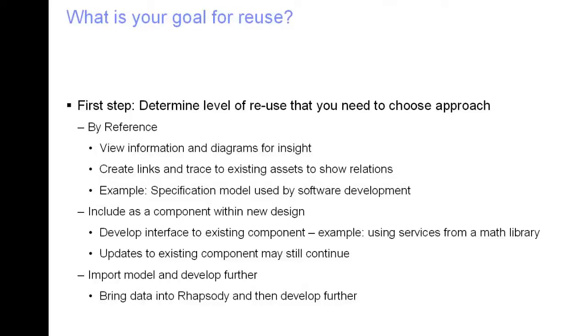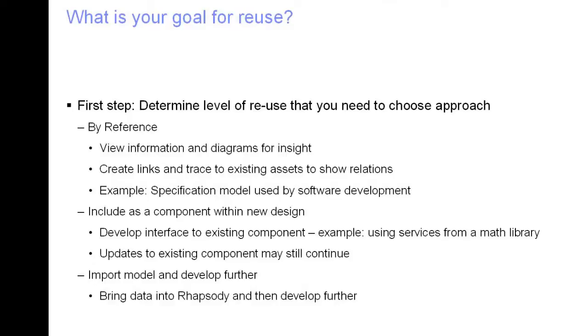And now you're going to do software development. So you want to trace and link from your new Rhapsody design to that other design. You can do that by creating trace links. But in this case, you don't necessarily need to bring all the data into Rhapsody. You just bring enough in to do your traceability and get a view of what's in the design.